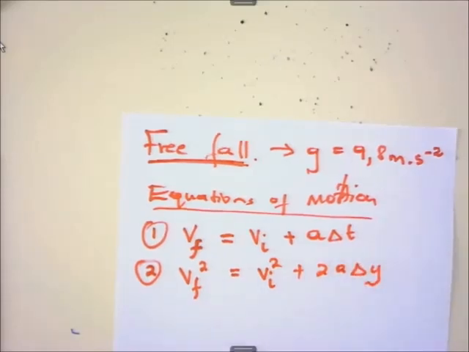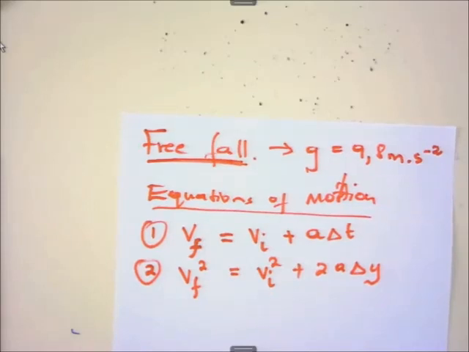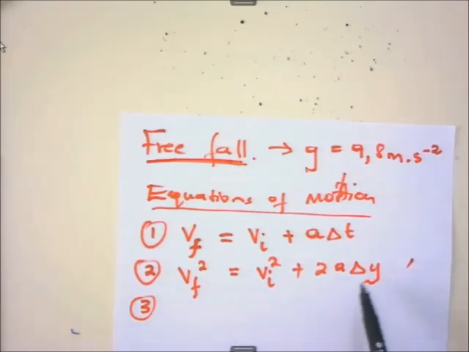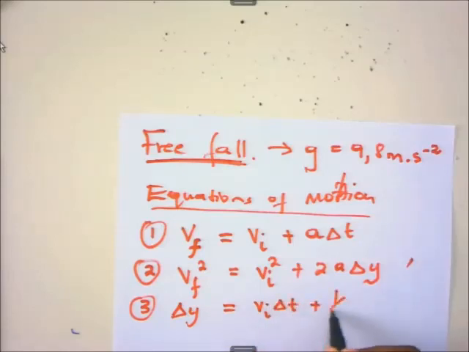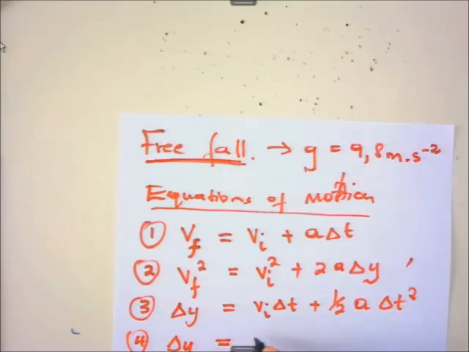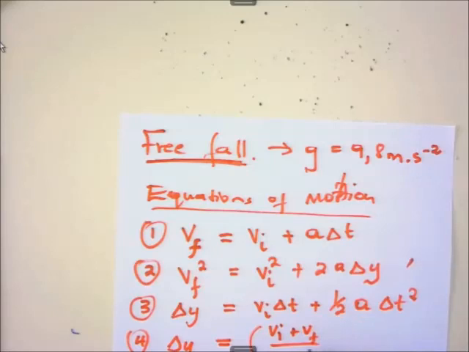But when you look at the table of formulae, delta y is given as delta x. So it doesn't matter which one you use, but what is important is that delta y is for the displacement. And then the third equation will be delta y is equal to VI delta t plus half A delta t squared. Then the fourth one, which is the last one, will be delta y is equal to, in brackets, VI plus VF over 2 times delta t.